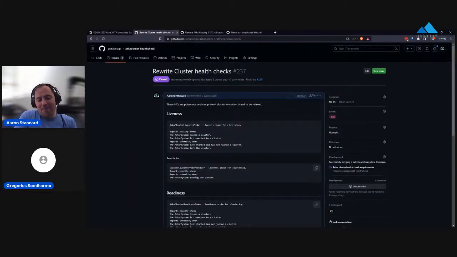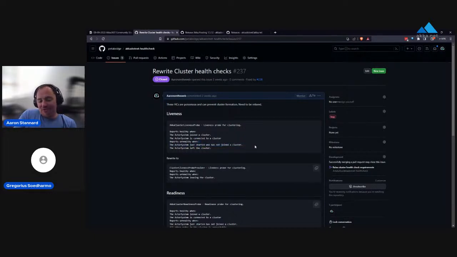A couple things that we discovered in the course of working with customers that are actually using these solutions. First, the liveness probe became unhealthy when the node just started and has not joined a cluster. So what problem could that cause?